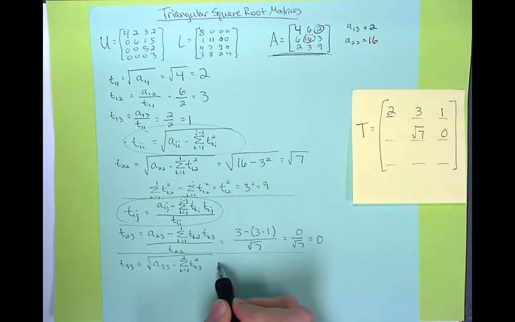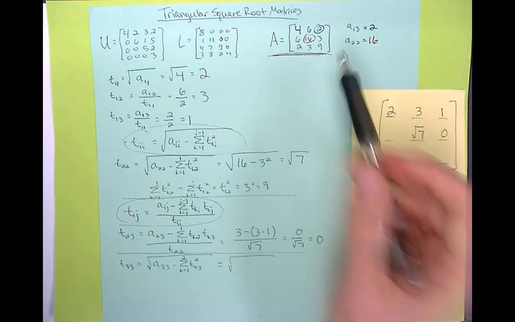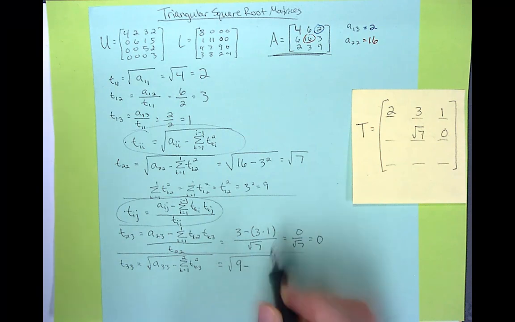So let's plug and chug. So we get the square root of, what's the value for this one? It's 9, minus. This time we do have a summation.